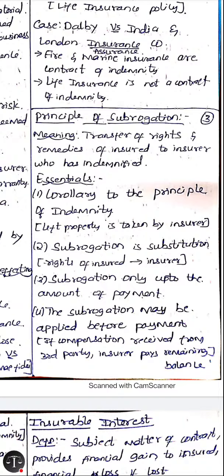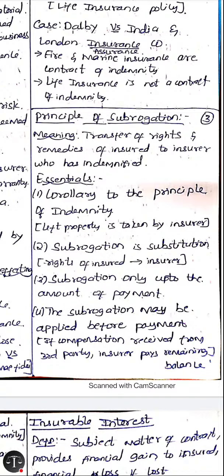What are the essentials of the principle of subrogation? The principle of subrogation is a corollary to the principle of indemnity. It has to follow the principle of indemnity. So what happens is, for example, say a fire happens and the property gets damaged, burned, and the insurer will pay the full amount of the damage caused, up to the premium, to the insured.